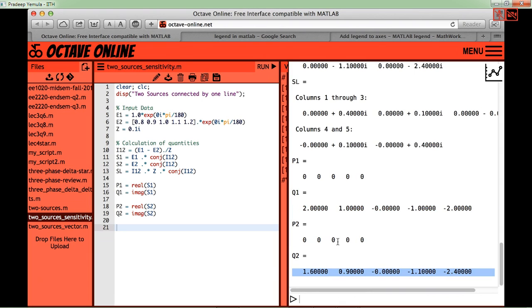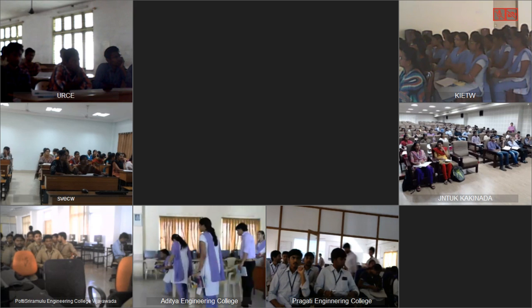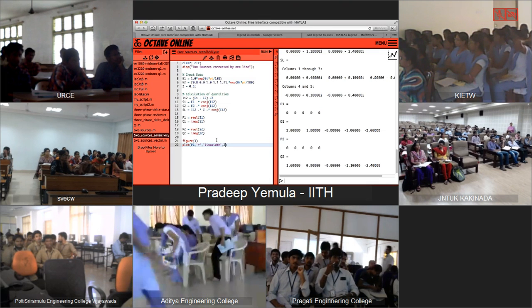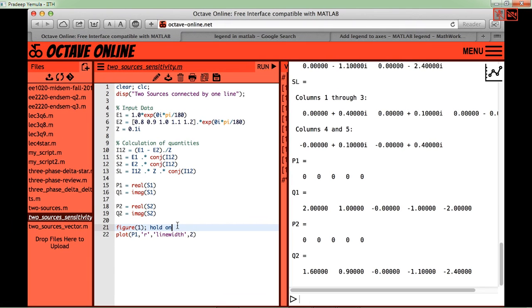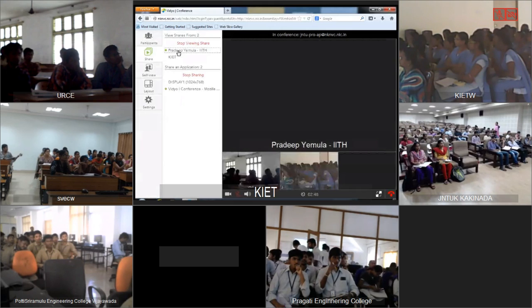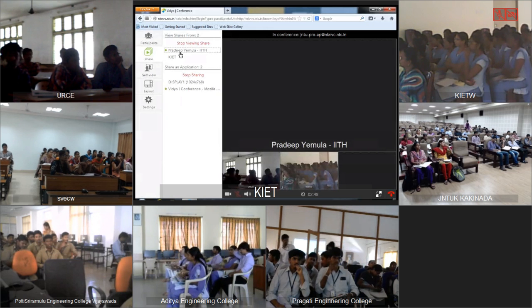Okay, so to get a better understanding, let us create a plot. So how to create a plot? Figure 1, plot P1. I will give some color, red color for P1, and line width of 2. Here I would say hold on because I want to give multiple plots. Similarly, I also want to plot P2.